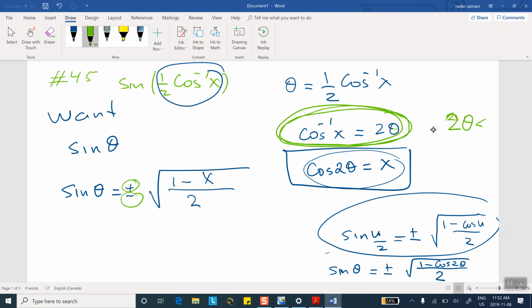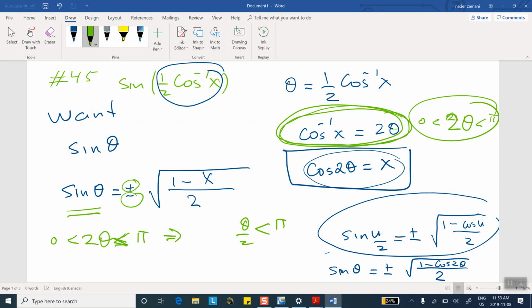When you write cosine inverse equal to something, that something that the calculator spits out is always between 0 and pi. That means if 2 theta is between pi and 0, that means theta is between pi over 2 and 0, okay?